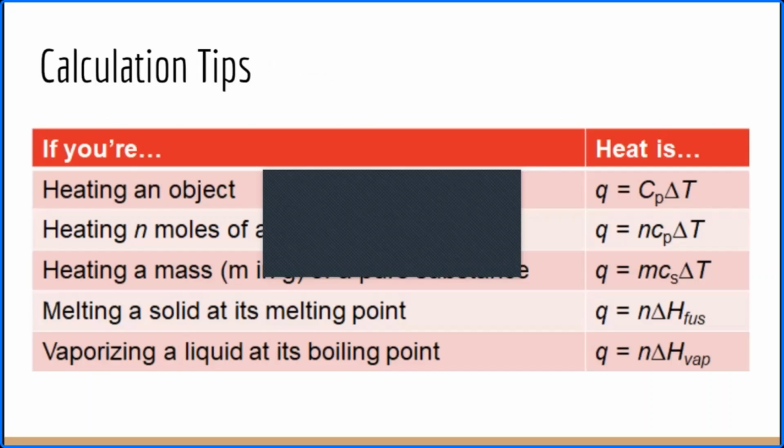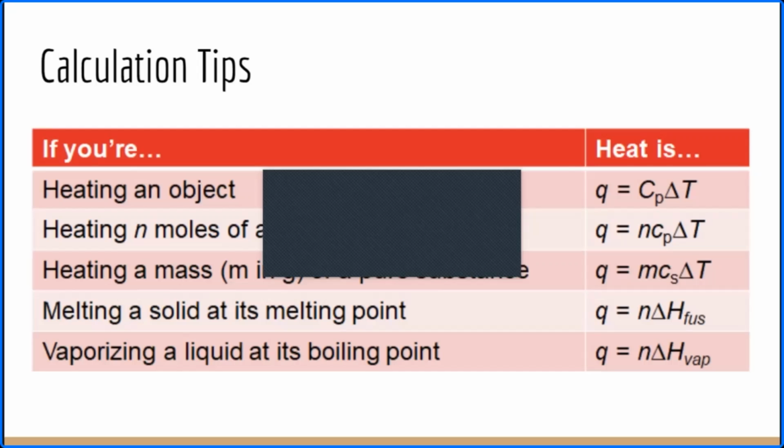And lastly, I'd like to leave you guys with a few tips. This is actually a chart from the original slideshow, and it helps to know, when we're given specific problems to solve for, which equation will be best. So first off, when heating an object, we're going to use the normal heat capacity equation, because all we need in that case is the heat capacity of that object times the change in temperature to know the energy.